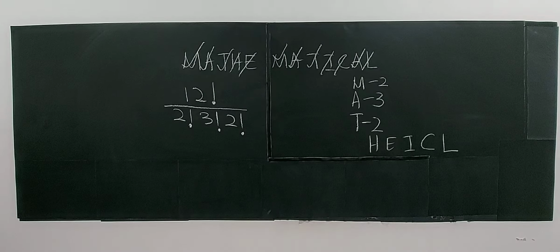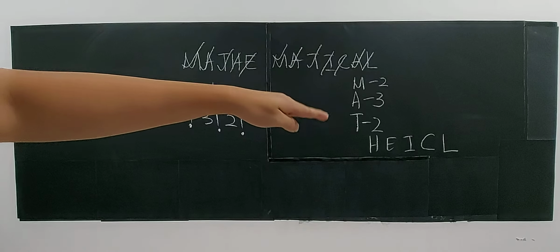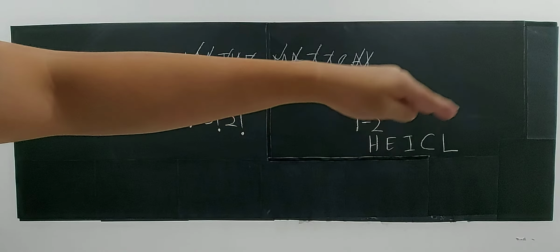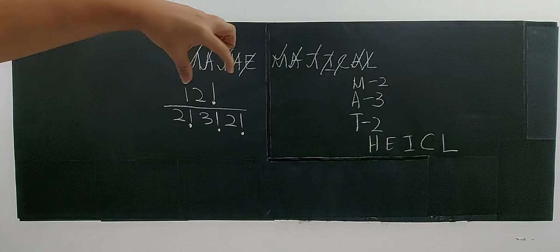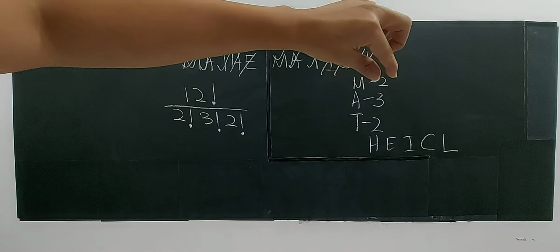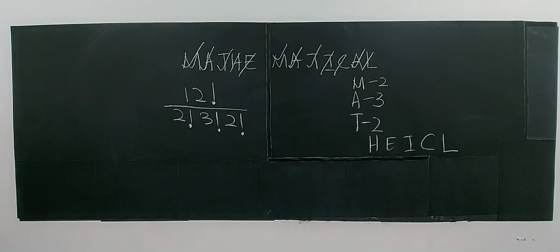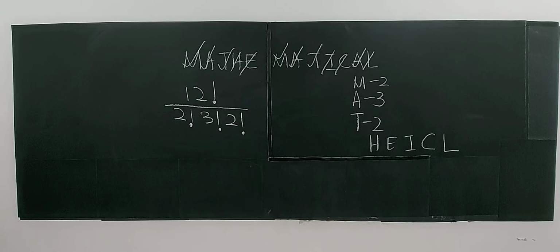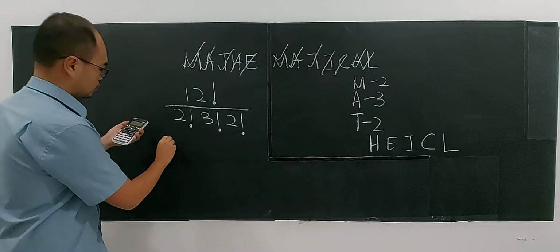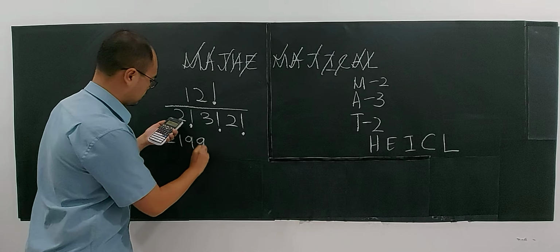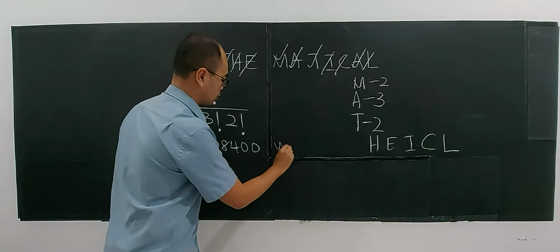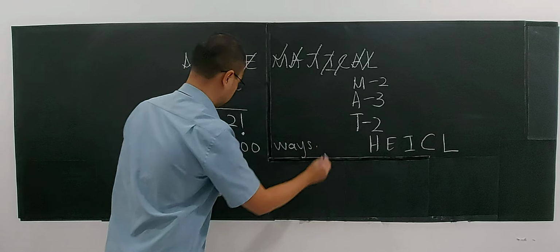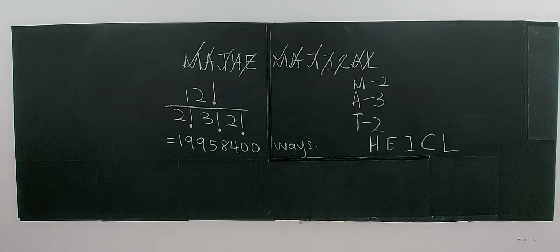The others are distinguishable, meaning they are different, so we're not going to consider them. So it's 12 factorial divided by 2 factorial, 3 factorial, and 2 factorial, which gives you 1995840 ways. Wow, it's a lot of arrangements. Too many possibilities.